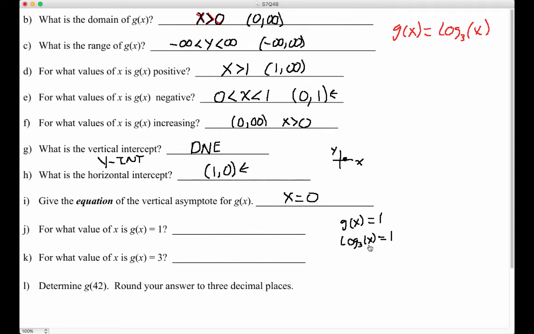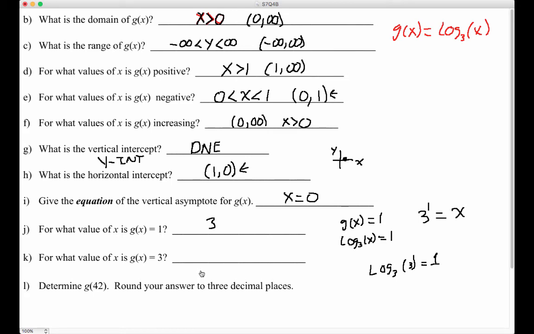So the exponent on a 3 that gets me x is equal to 1. So that would say that x is equal to 3. In other words, checking that solution, logarithm base 3 of 3 is equal to 1.